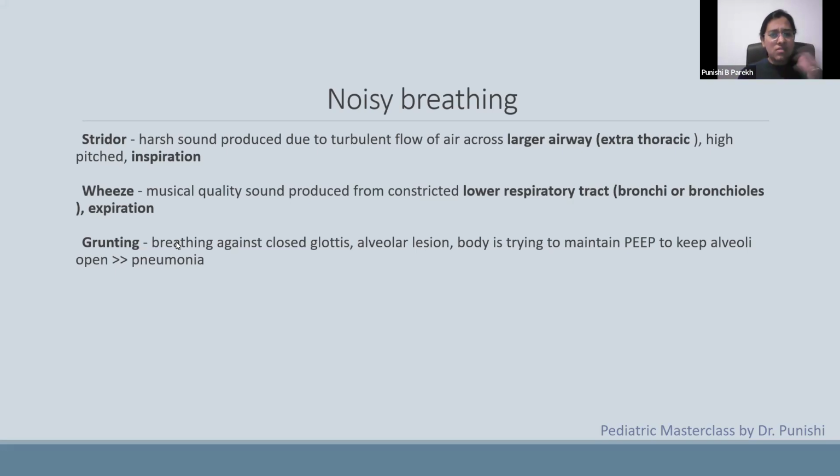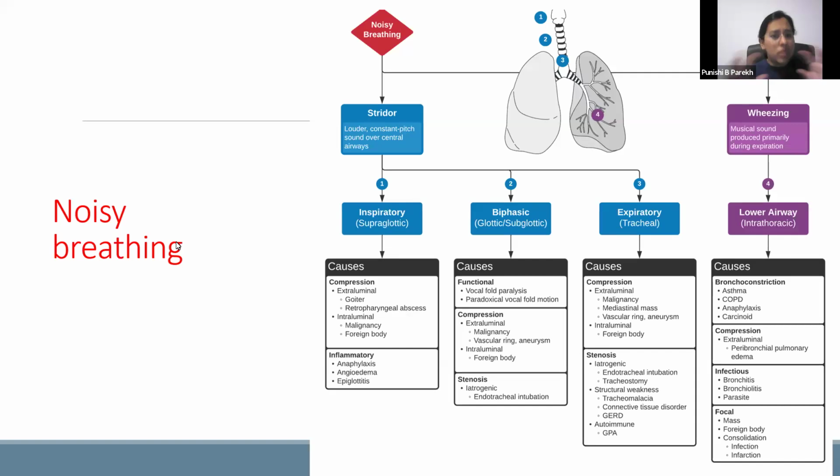If you look at this diagram representing what noisy breathing looks like, you can have stridor and wheezing. Again, stridor, like we discussed, is an upper tract involvement predominantly involving the larger airways, and it's a harsh sound produced primarily in inspiration. You can have stridor which is biphasic and also heard in expiration, but predominantly stridor is heard in inspiration, whereas wheezing is a musical sound arising from the lower airways, or intrathoracic in location, and it is predominantly heard in expiration.